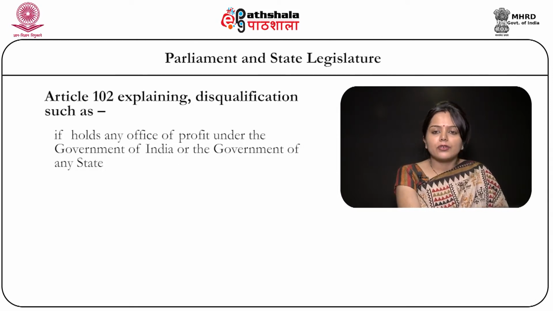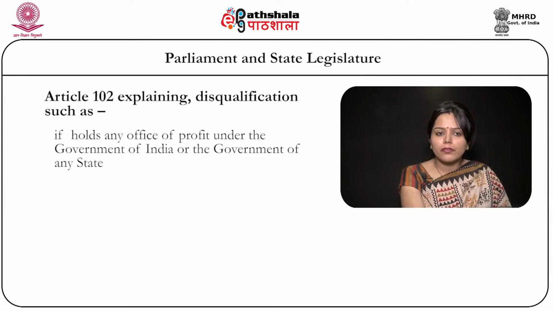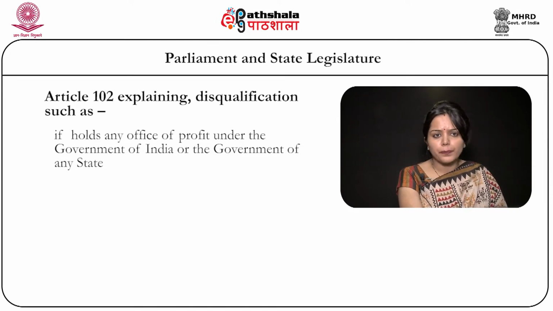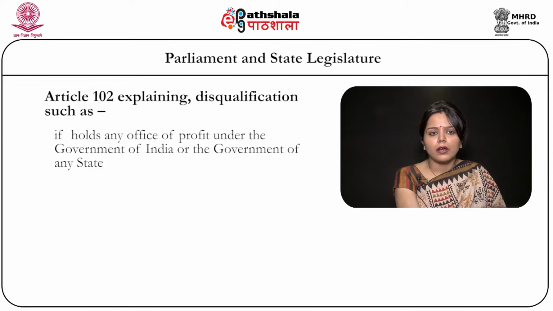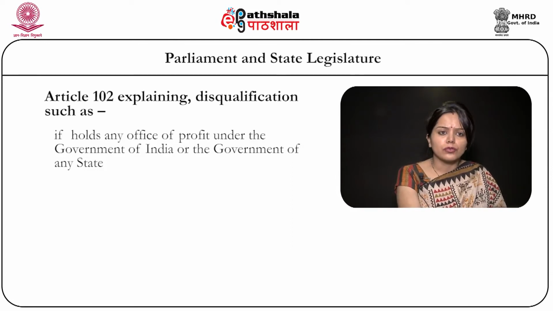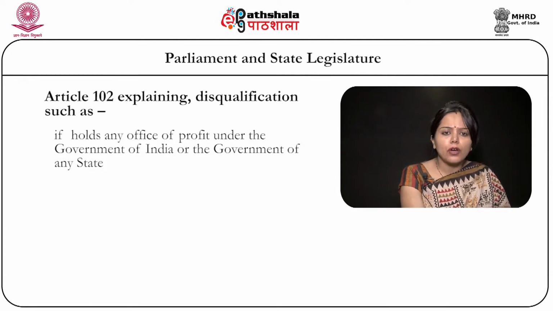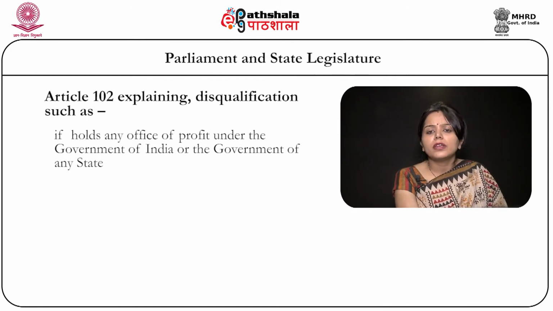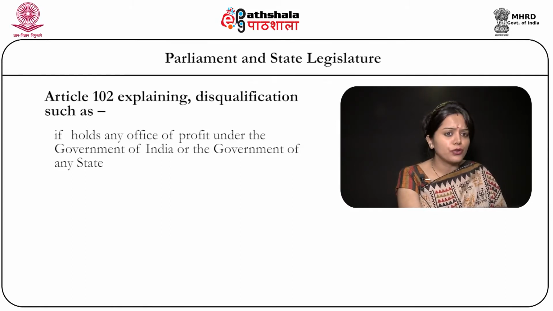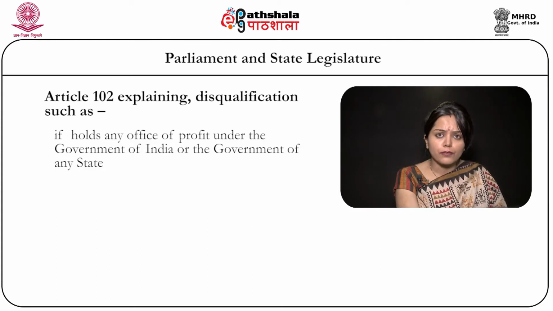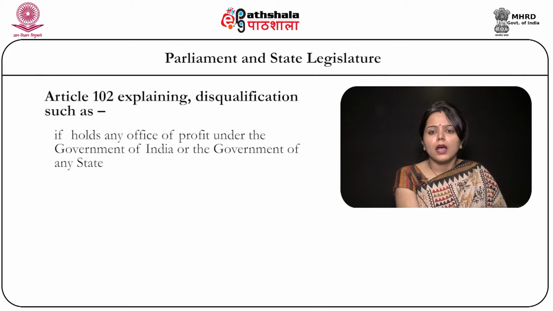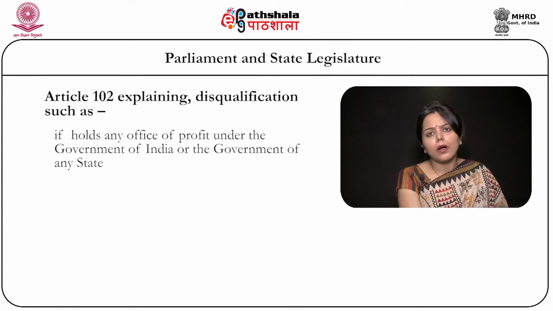Students, here I would like to tell you that office of profit is nowhere defined in the Constitution of India, but it is used in a negative form under Article 102, where it says that the member should not hold an office of profit. So, we can say that a member cannot take the benefit of an office of profit under any government, either at the state level or the union level.